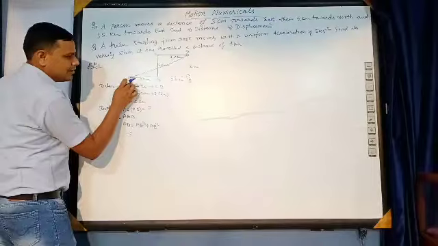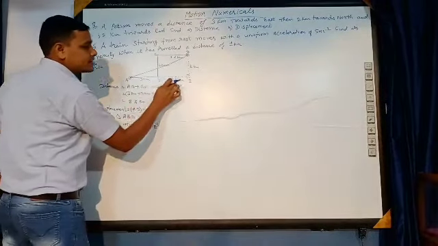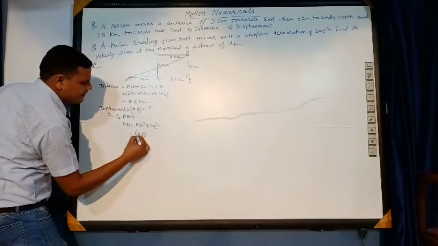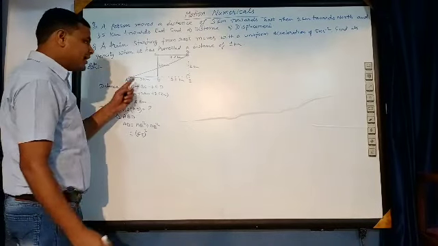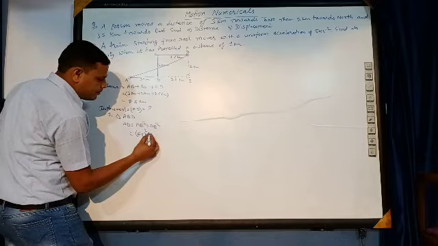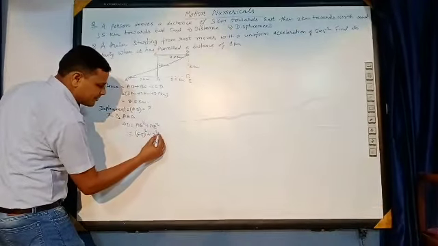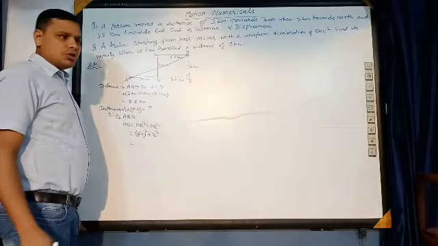What is AE? 3 plus 3.5, that is 6.5 square plus 2 square.